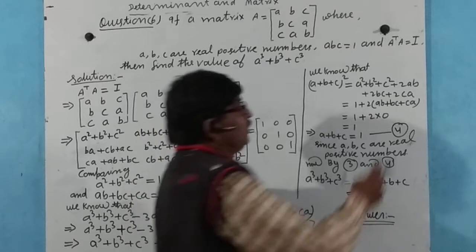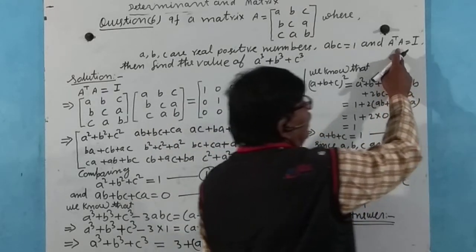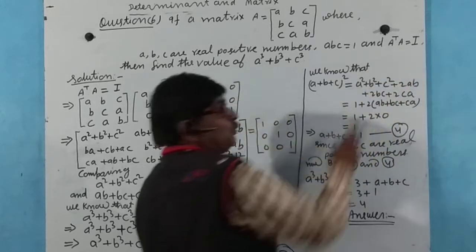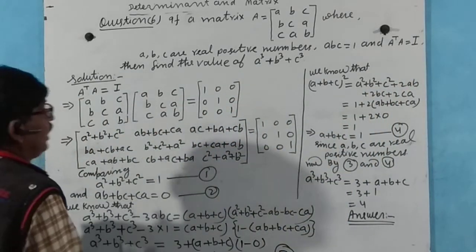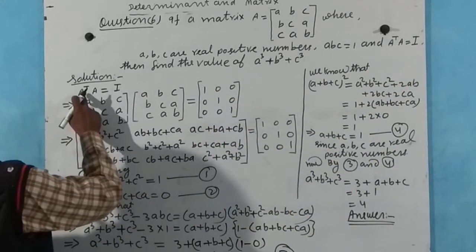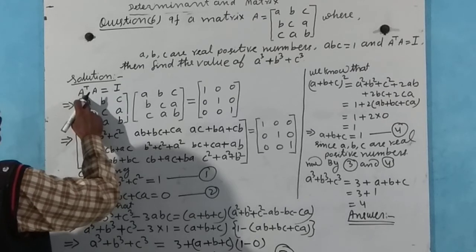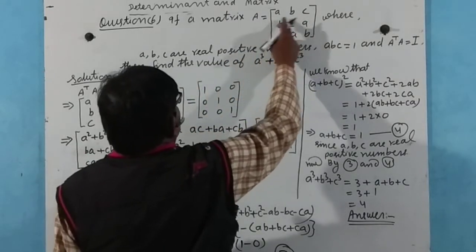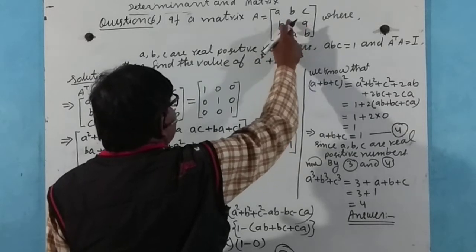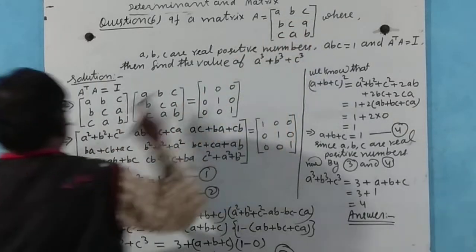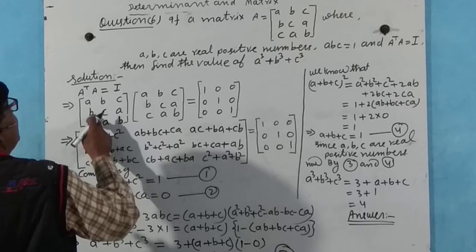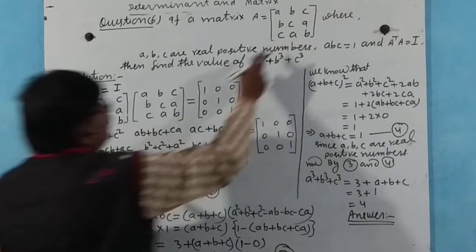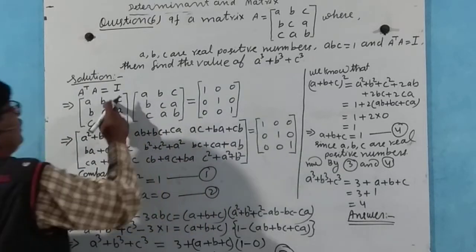Now given that the transpose of matrix A multiplied with matrix A is equal to the identity matrix I. Here the transpose of A is formed by converting rows to columns: [[a, b, c], [b, c, a], [c, a, b]].